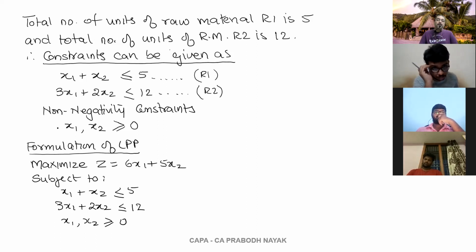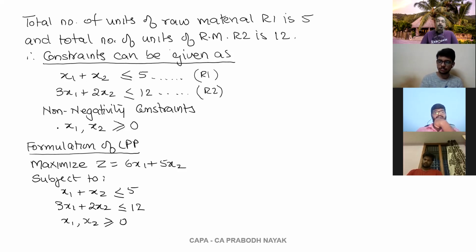Whereas if it is to minimize, then your constraints will normally be more than or equal to. There may be situations where you have a maximization function but greater than constraints. Then you'll have to convert them. How to convert? We'll see if it is required.